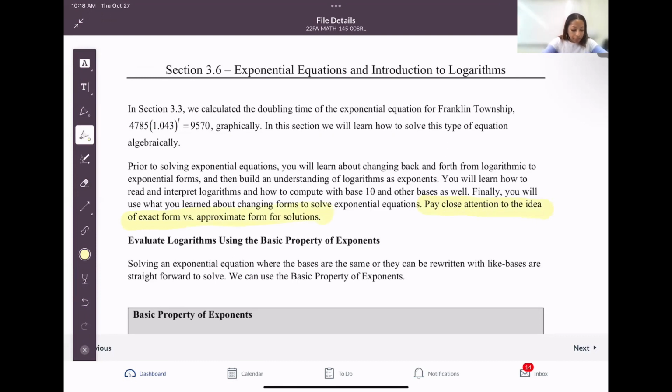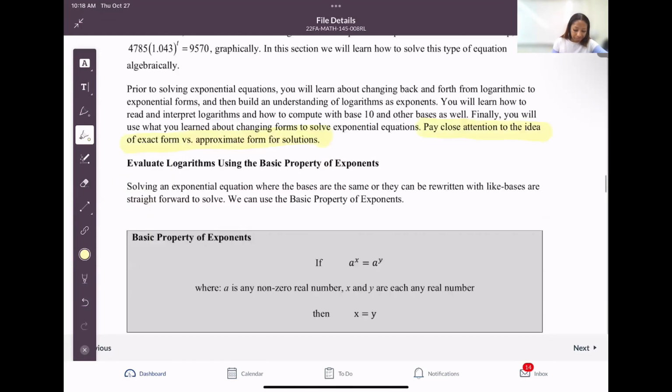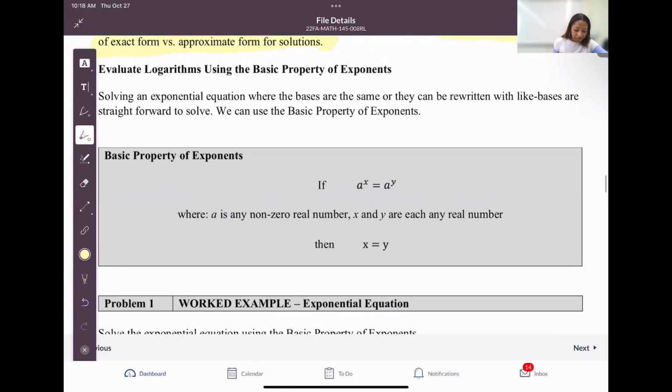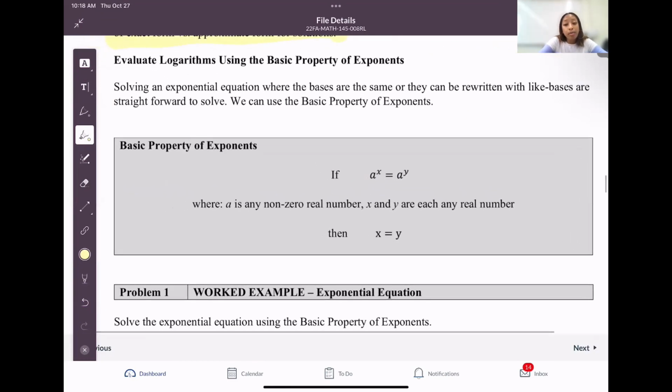All right, so evaluate logarithms using basic properties of exponents. First, one basic property of exponents is the equality of exponents. If we know that a to the x is equal to a to the y, so we have two exponential expressions that are equal to each other and the bases are equal, then that tells us that the exponents must be equal also.